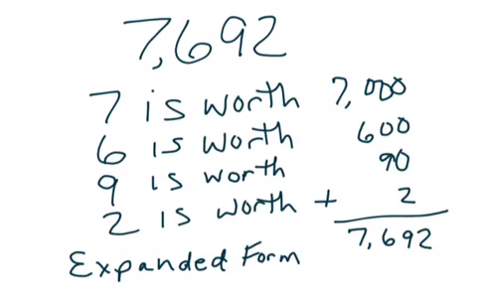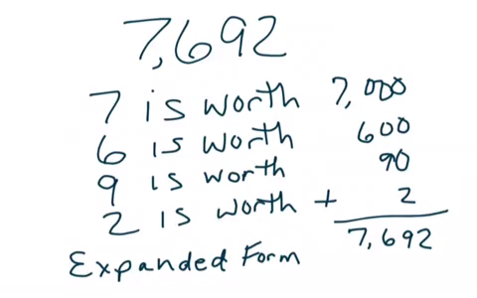And then I wanted to just talk about the value of each of these and show you another way that we could represent that. So I wrote the number 7,692 down for you, and then I just took it and broke it apart for expanded form. And I'm writing it vertically. I could also write it horizontally, but this time I thought it's a pretty cool representation of how we break down that number for expanded form.